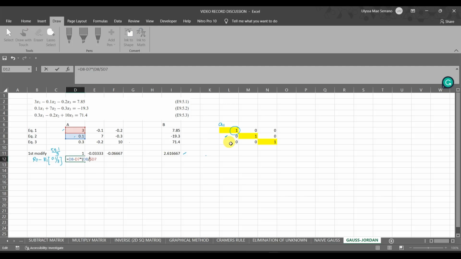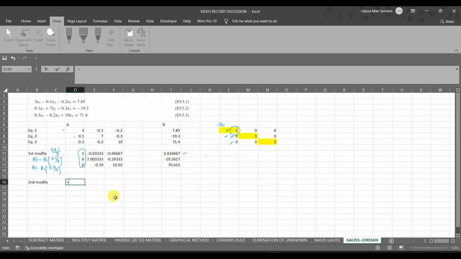And dahil hindi mababago ang ating data horizontally, for row 3, it will be row 3 minus row 1 multiplied by 0.3 divided by 3. Hindi mababago ang ating data horizontally. So, copying it out, this will be the revised function.